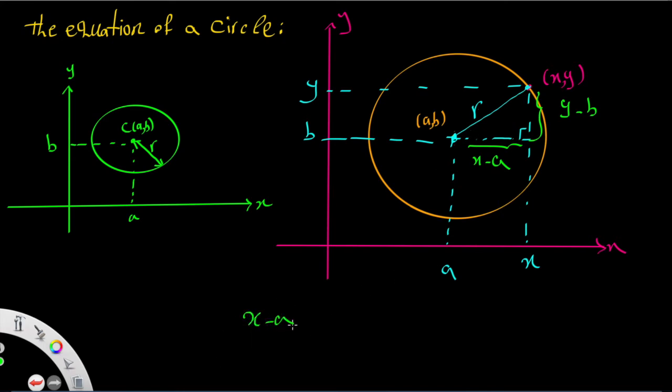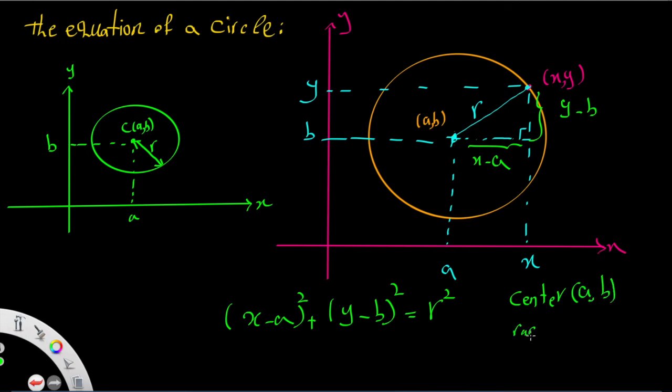So x minus a squared, which is this side, plus y minus b squared, which is this side, is equal to r squared, and it satisfies all points on the circumference of the circle. So this is the equation of a circle with center A and B and radius R.